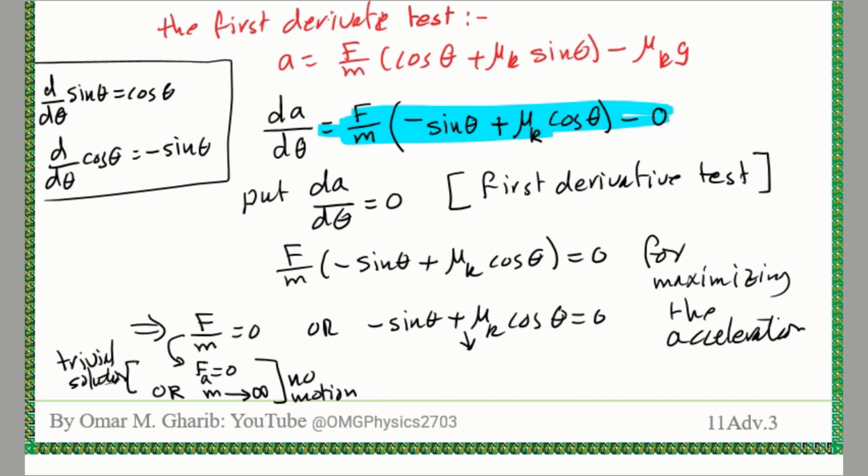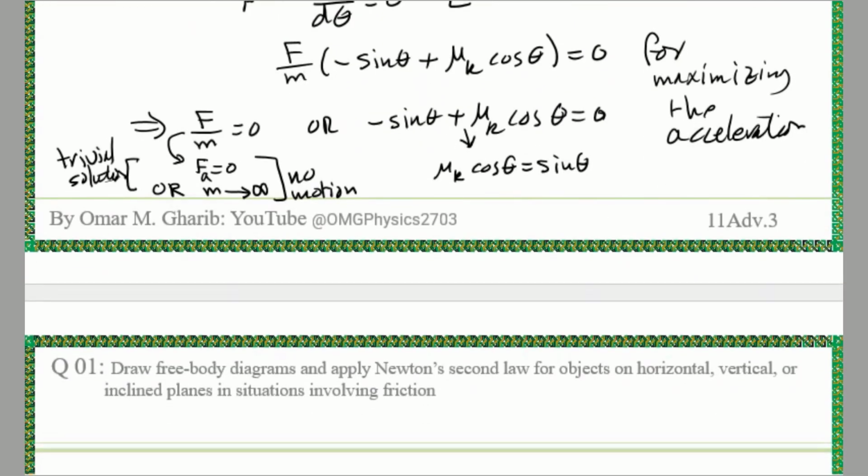Now we will go to the other one. If minus sine theta plus mu k cosine theta equals 0, that means mu k cosine theta should be equal to sine theta.